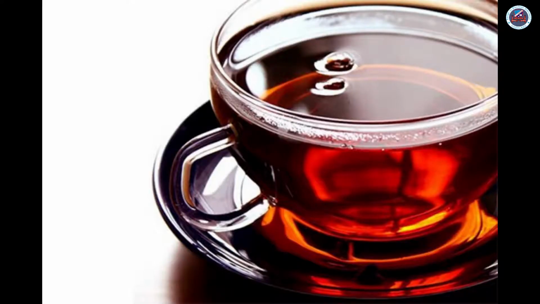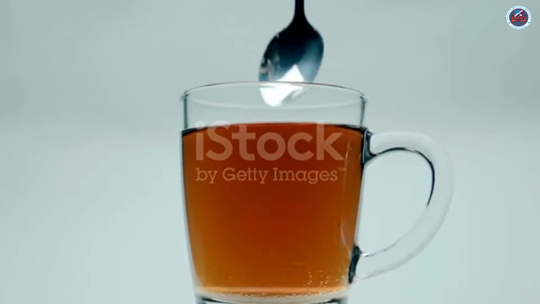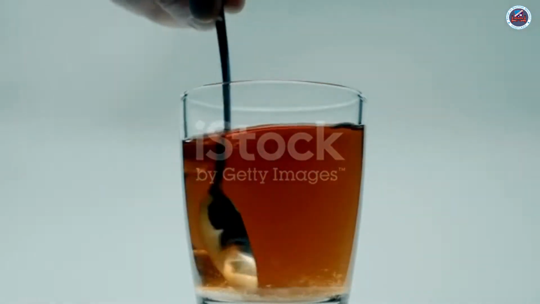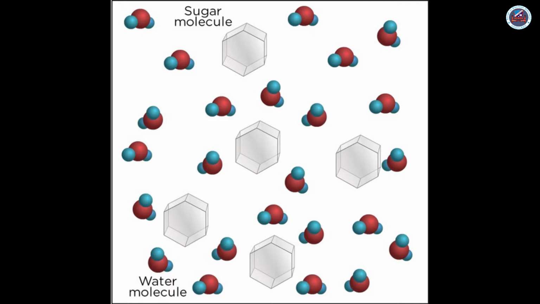We also notice that after the sugar dissolves, the sweetness of the sugar in the tea is uniform, which means the first sip and the last sip will taste the same. When we stir the mixture, the particles of sugar move in the spaces between the particles of the tea. The particles spread out so the sugar dissolves faster.